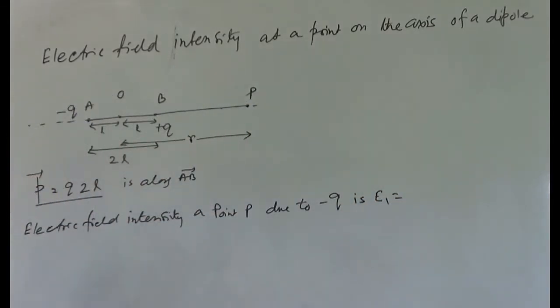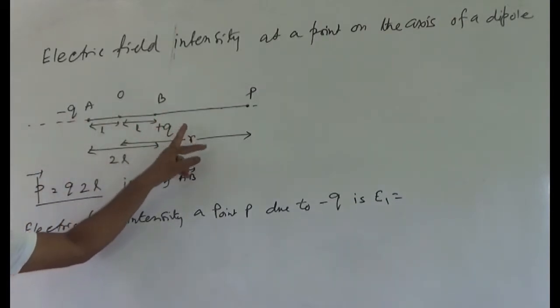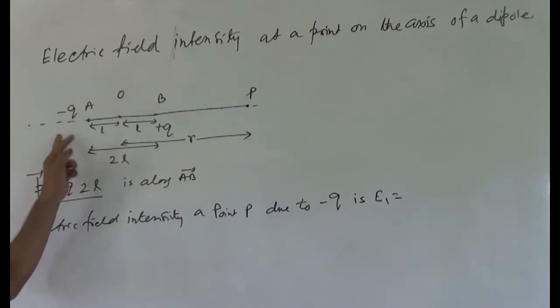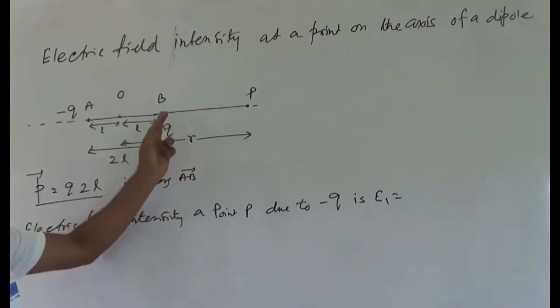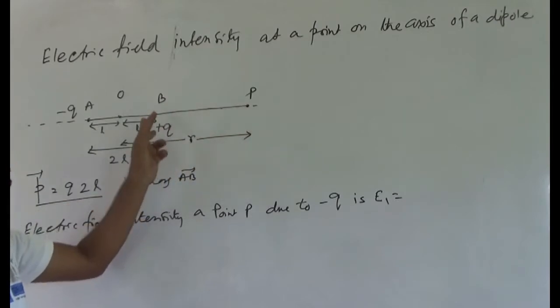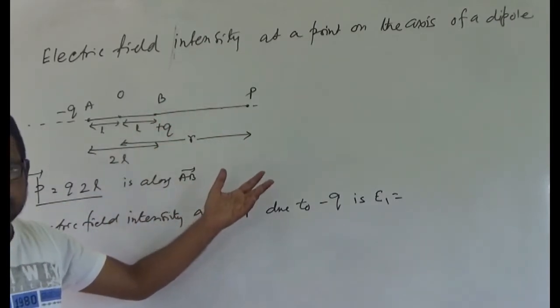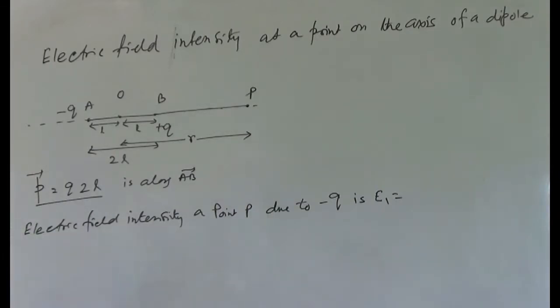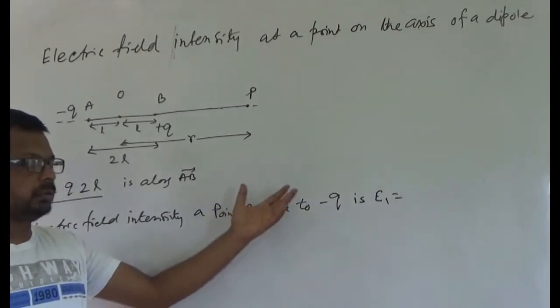We have two charges, one is minus q, the other is plus q. First we are going to calculate the field at P due to minus q, then we have to find the field at P due to plus q, and then we have to take the vector addition of those two vectors.